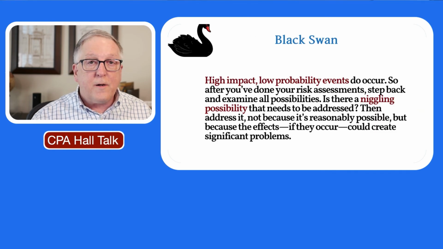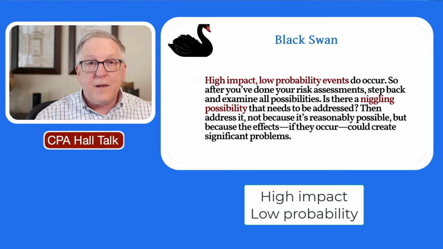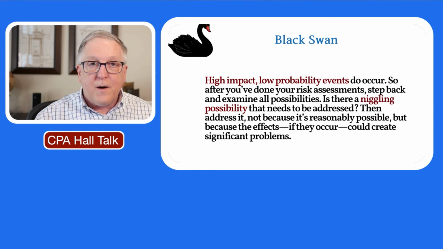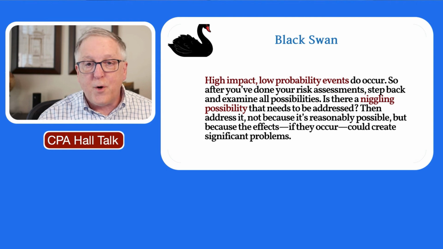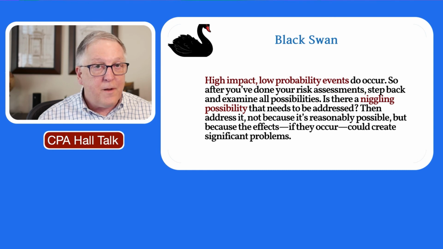Now, before I go today, I want to address one more issue, and that's the black swan phenomenon. And so what is a black swan? Well, it's a high impact, low probability event. Nicholas Taleb wrote a book about this called Black Swan, and he talks about how some events in life are highly improbable, but if they happen, there's a tremendous impact.